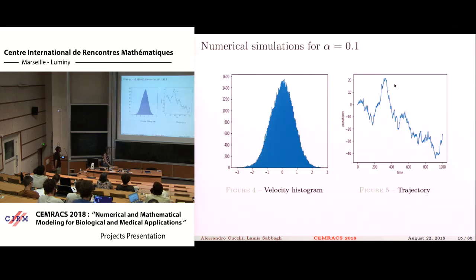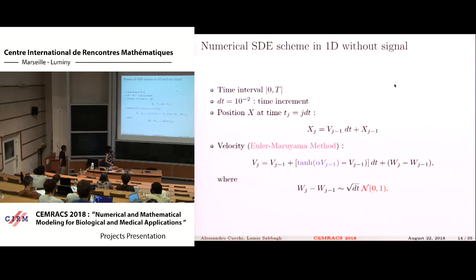For the numerical simulations, we take a time interval 0 to T with T equal to 1000, and we take the time discretization step 10 to the power minus 2, and we approximate the position of the cell at time step tj by the following formula.